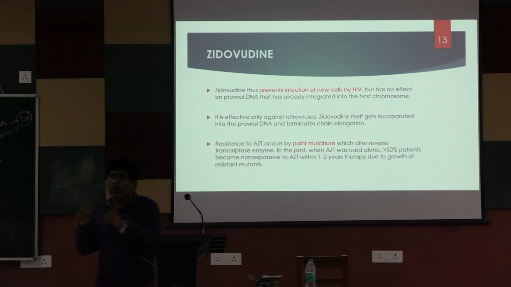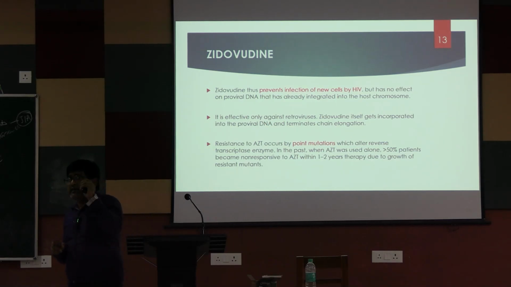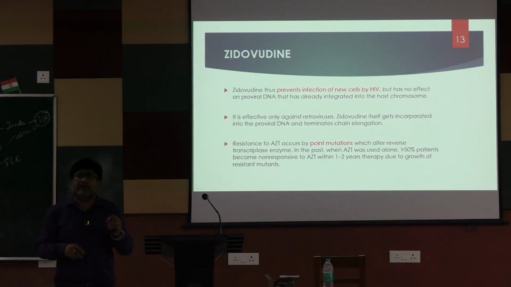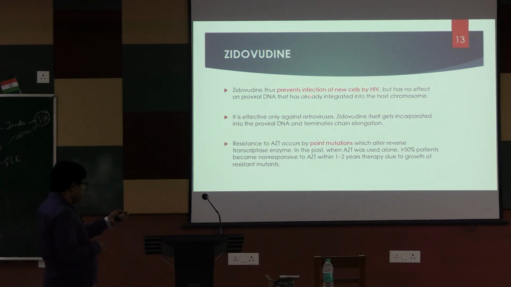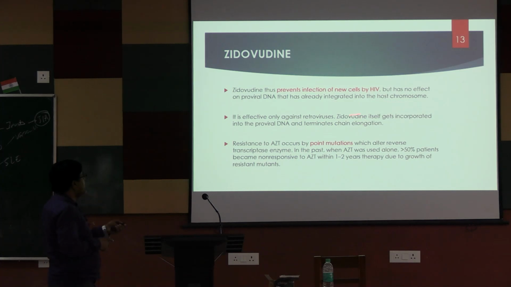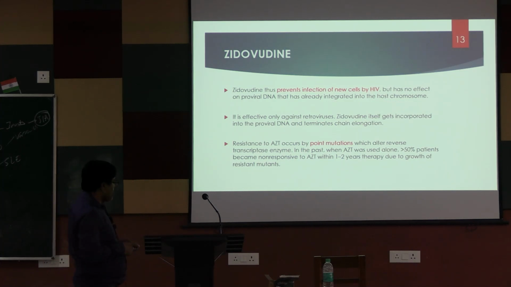Why? Because in old infected cells, the HIV virus DNA has already been integrated into the host DNA, and hence there is no role of reverse transcriptase enzyme. So Zidovudine thus prevents infection of new cells by HIV, but has no effect on the proviral DNA.